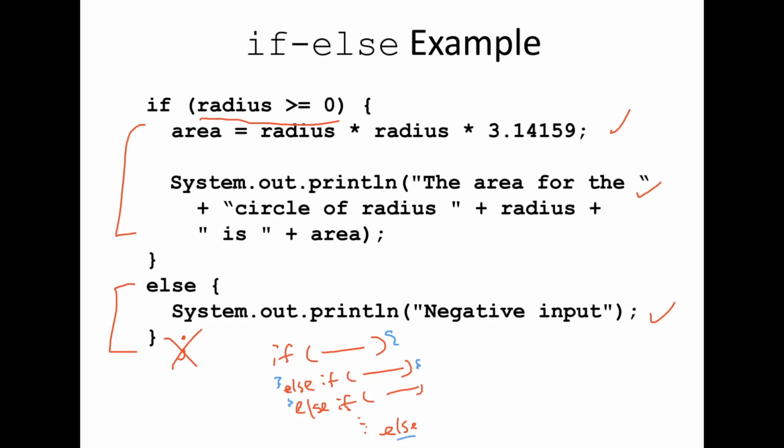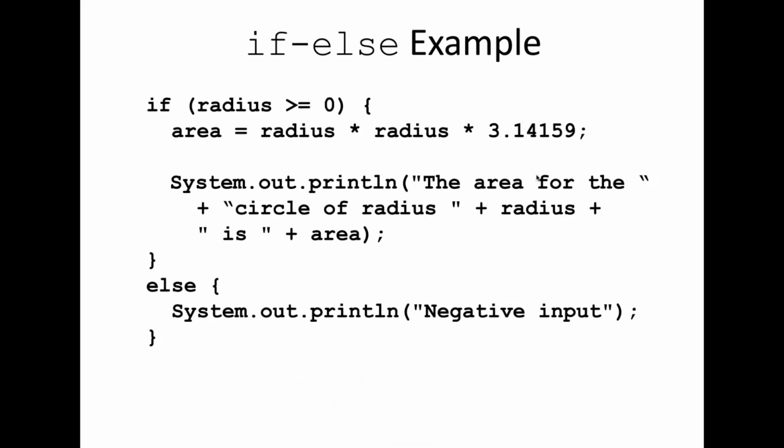The reason you have the last else is because, remember, for this entire decision tree, you want to make sure 100% of the cases are covered. This chain of multiple conditions has the very last else to conclude your if else. We'll look at if else if, these chained conditionals, in the next video.